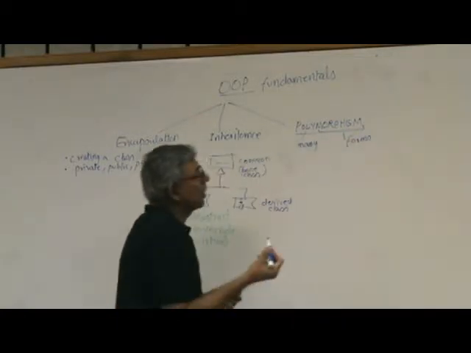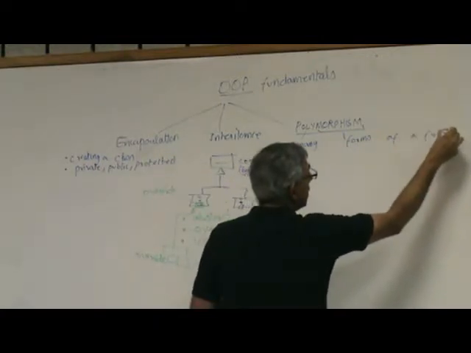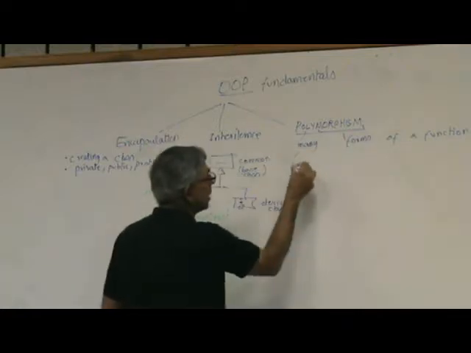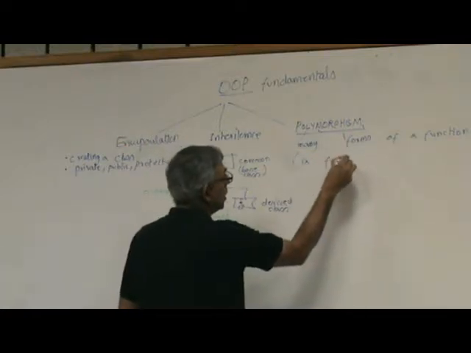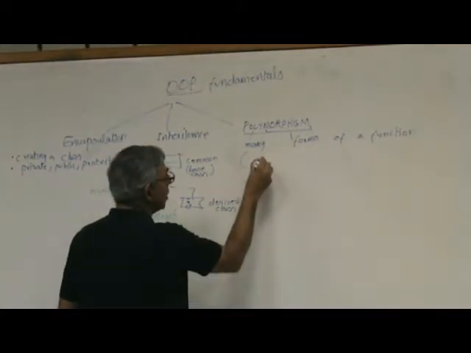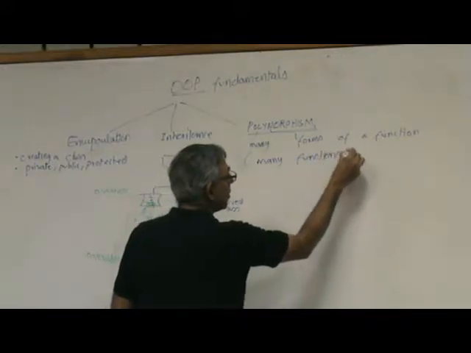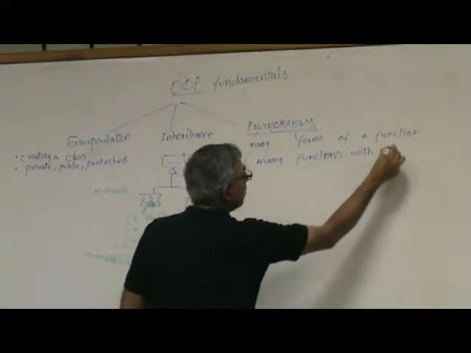So in terms of programming, think of it as many forms of a function. Or in other words, a function or many functions with the same name. So many functions with same name.